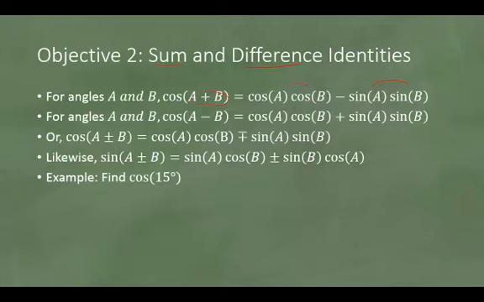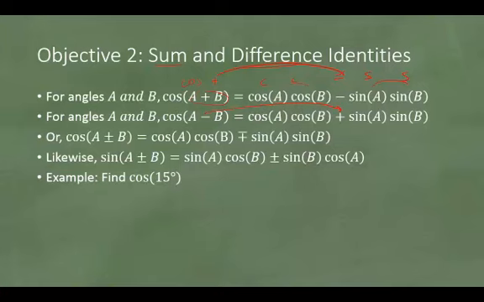The way that I remember it is, think cosine of a sum is cosine cosine minus sine sine. So it's the other way. If we're adding here, we're subtracting there. And likewise, if we're subtracting here, we're going to add there. We do the opposite, and everything else stays the same.